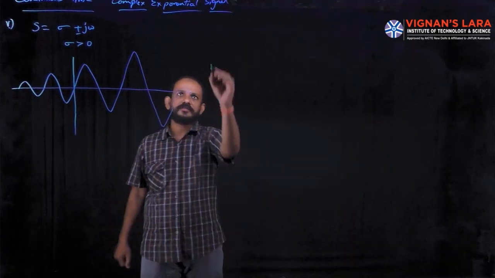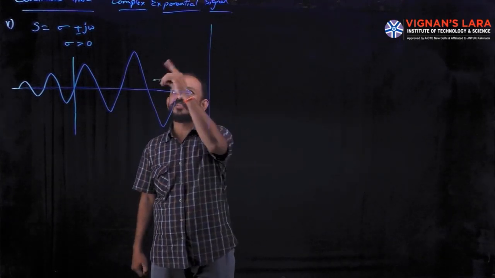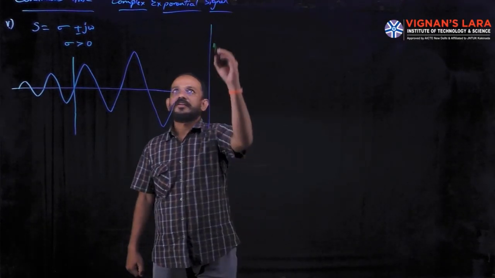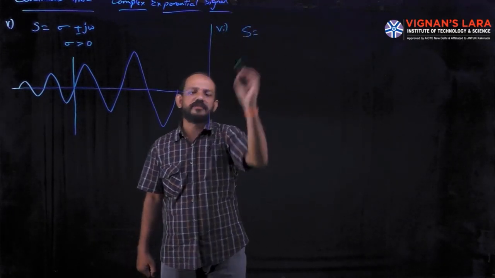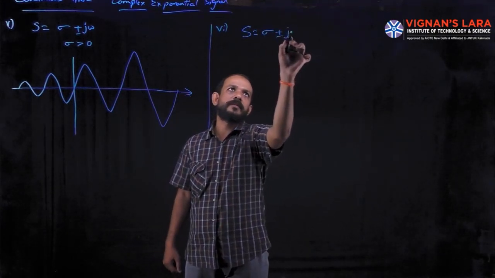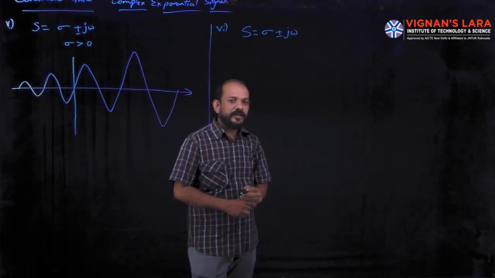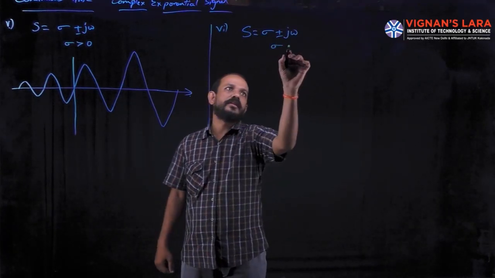The next one, the last one of these continuous time complex exponential signals, sixth case. Here also the s value is both real and imaginary, that is sigma plus or minus j omega. Here the value of sigma is less than 0.